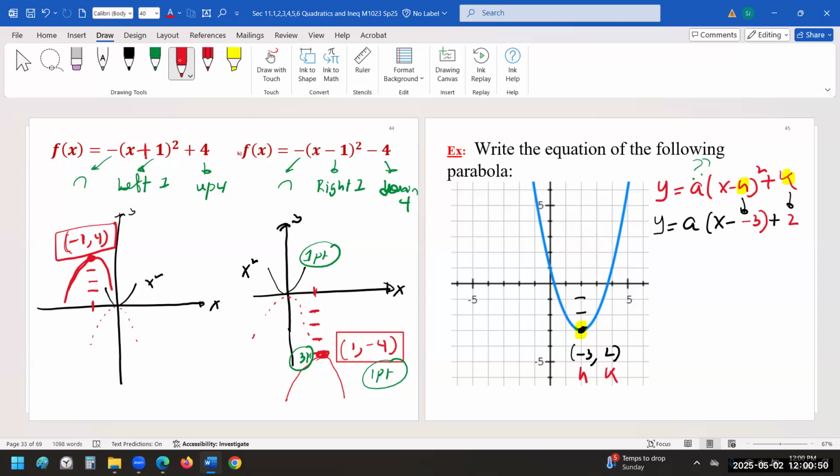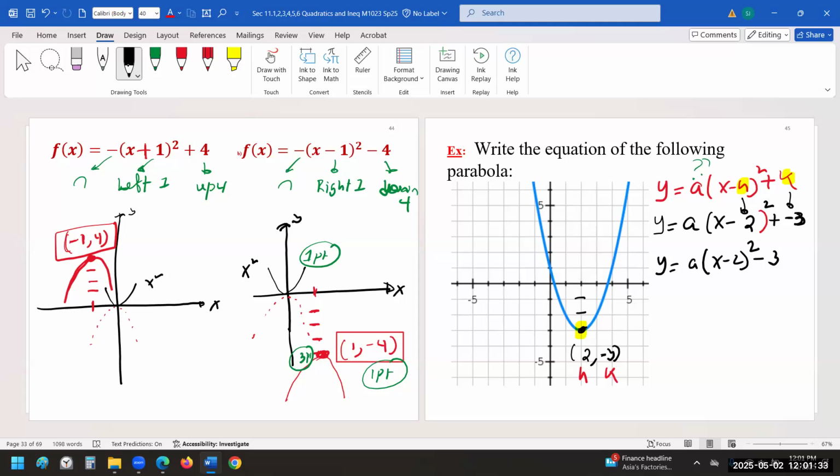Sorry, other way around. 2, negative 3. Thank you, thank you. I saw confusing faces. I was like, something is wrong. So inside we have 2, and outside we have negative 3. That means we have y equals a times (x minus 2) squared minus 3. But we are not done until we find that a.